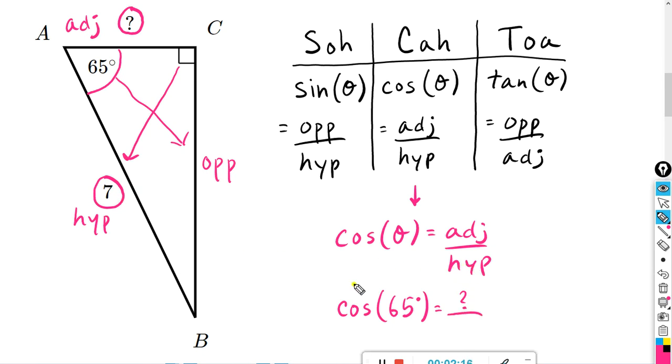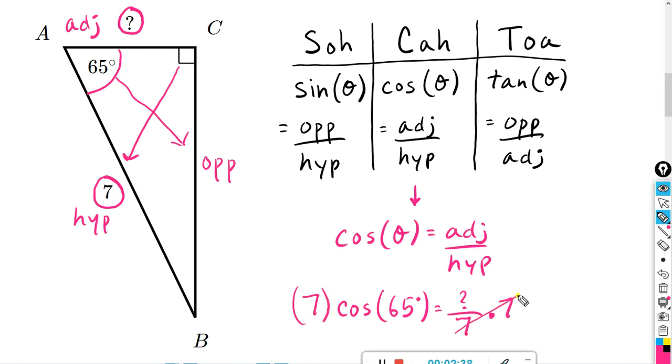And the hypotenuse is 7. Okay, so we have question mark divided by 7. In order to solve for the question mark, same as solving for x, we just multiply both sides by 7. All right, the opposite of dividing by 7 is multiplying both sides by 7.